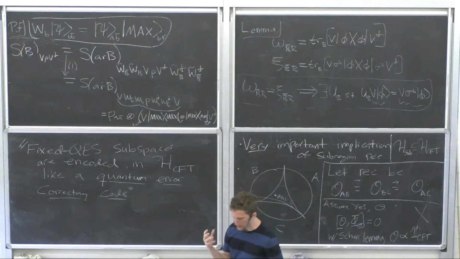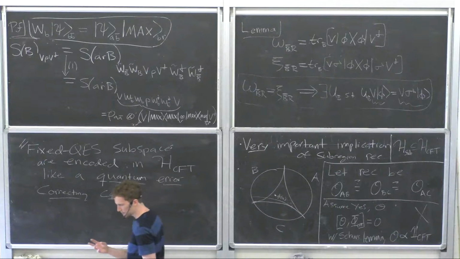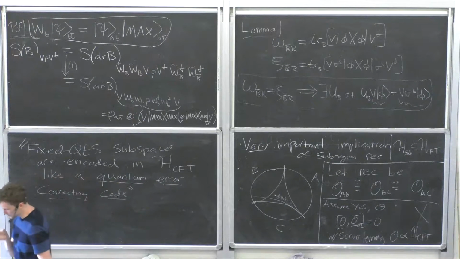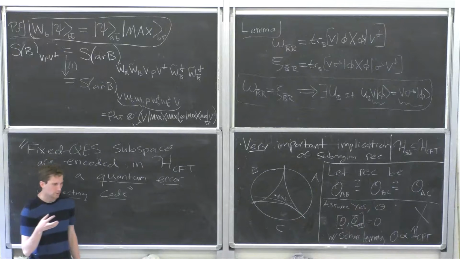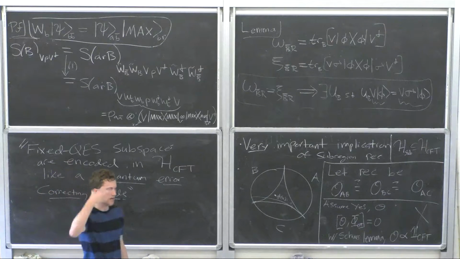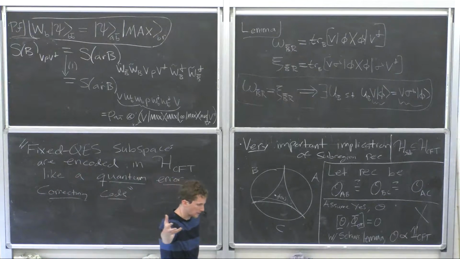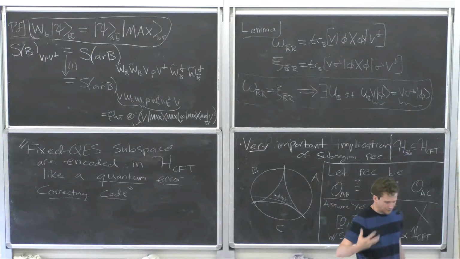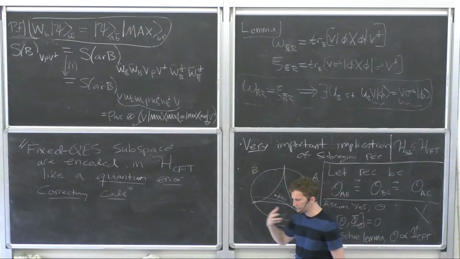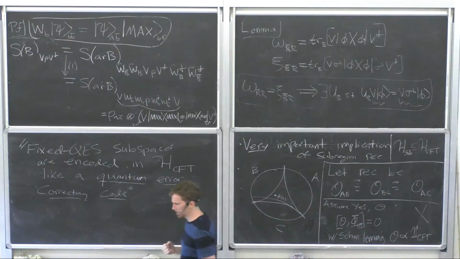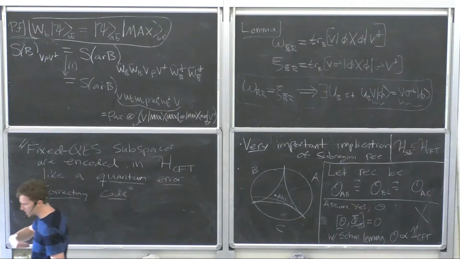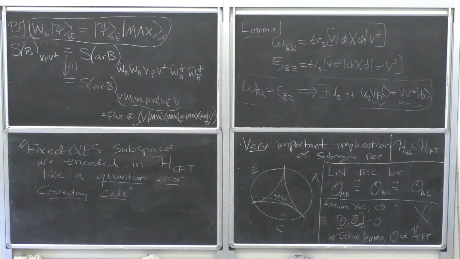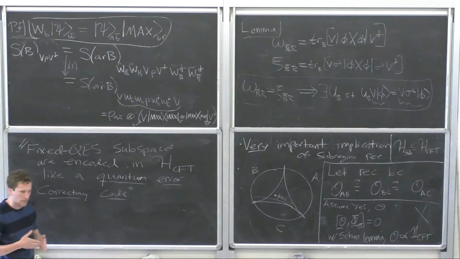But we can't trust that these operators that reconstruct the bulk operators work outside of these small subspaces. Which is kind of unfortunate, because, as I'll show you at the beginning of next lecture, a lot of the interesting physics in the bulk doesn't fit into one of these fixed QES subspaces.